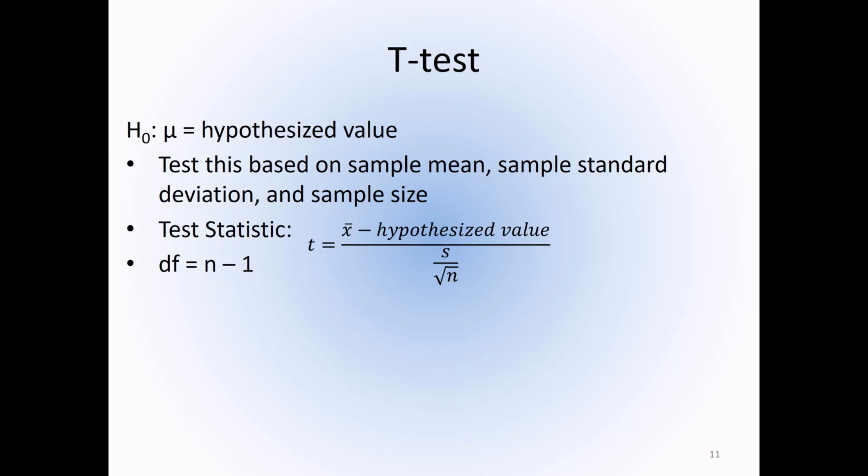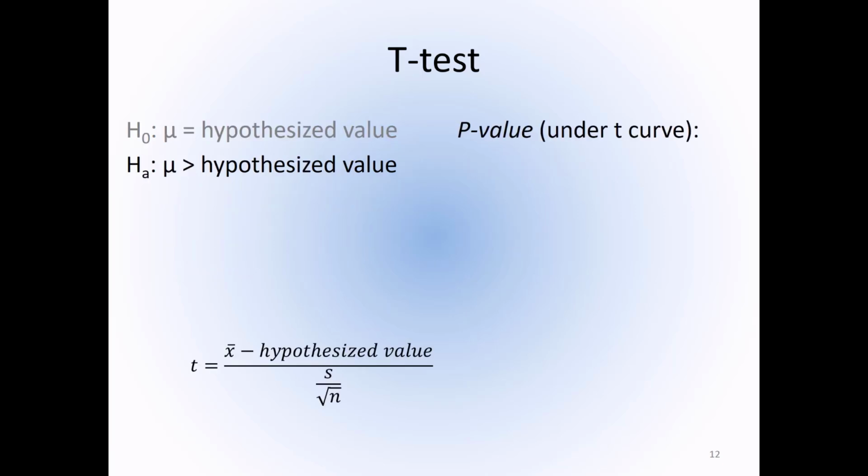Now, we've got our null hypothesis. Our alternative hypotheses can take a variety of forms, as we know. This could be that the mean is greater than that hypothesized value, and so the area under the curve that we're going to be interested in this particular situation is going to be to the right of that value of t.